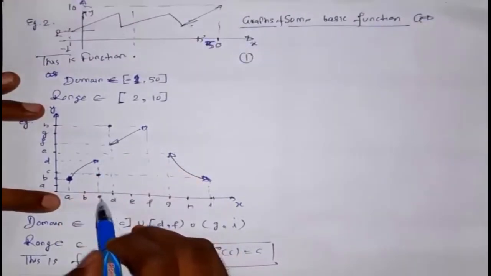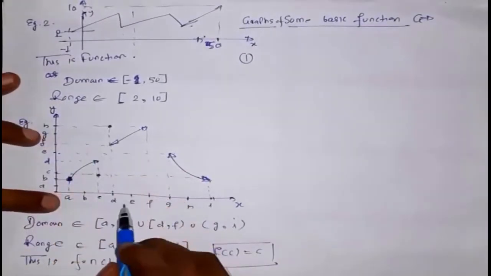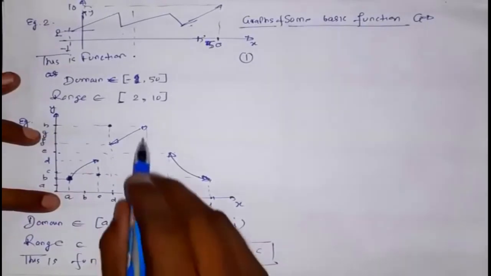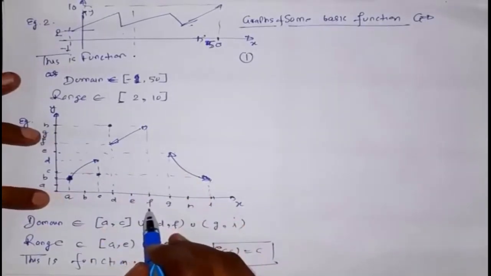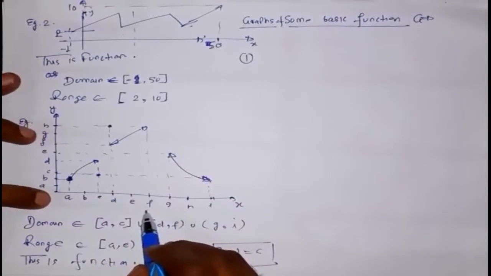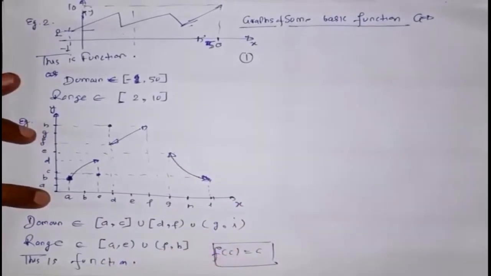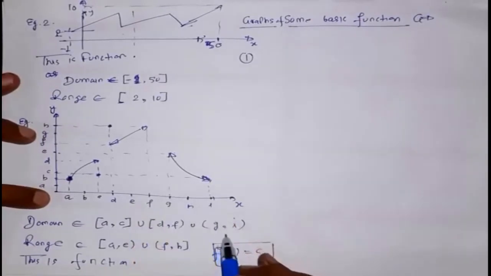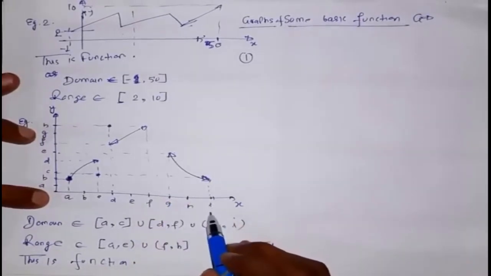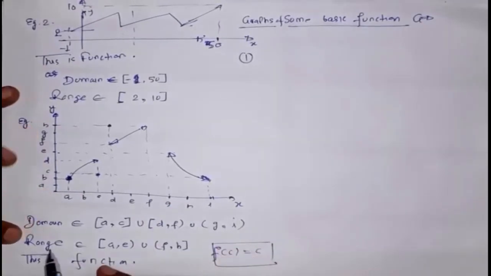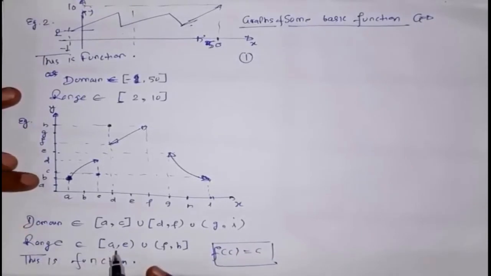Union D to F. I am including D because a dot is available for that value of x, where the value of y exists. D is included, but F will not be included because at x equal to F there is no value of y. Then union G to I. G and I points are not included. I hope it is clear.